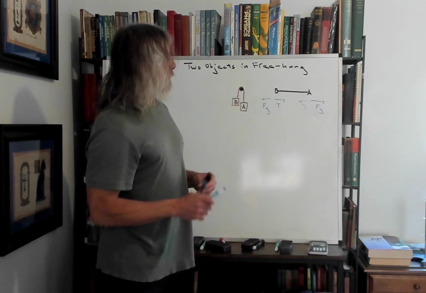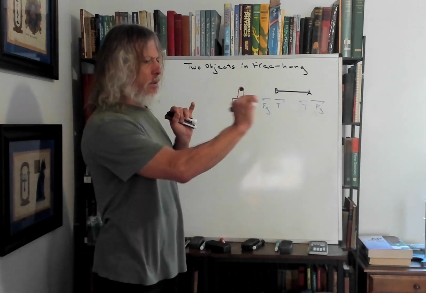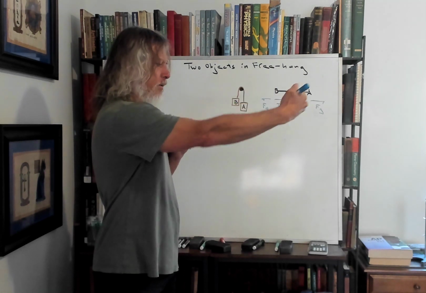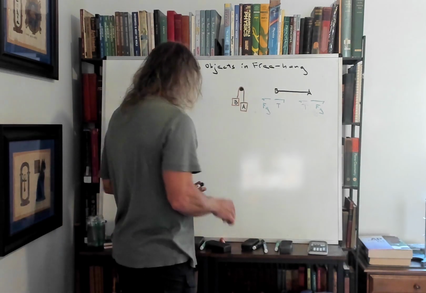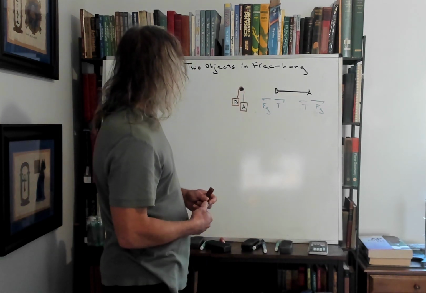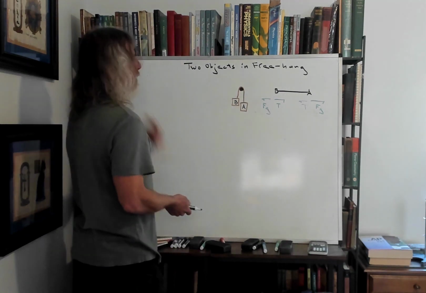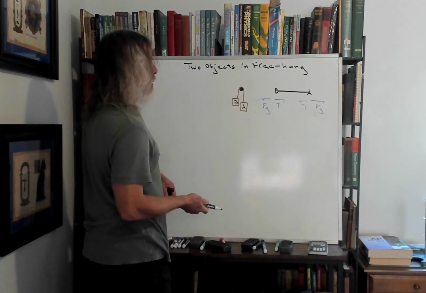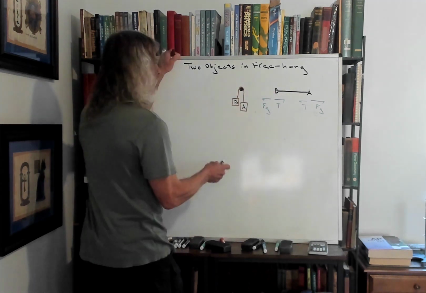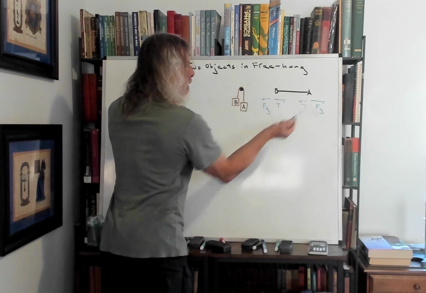We'll also remember that in a coordinate system on the x-axis, to the right is positive, to the left is negative. So we write our equations from this. For A, the force of gravity is positive, tension's negative.